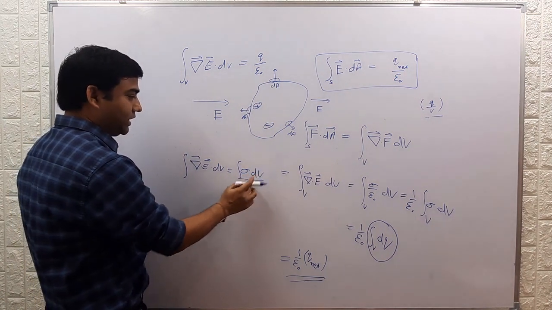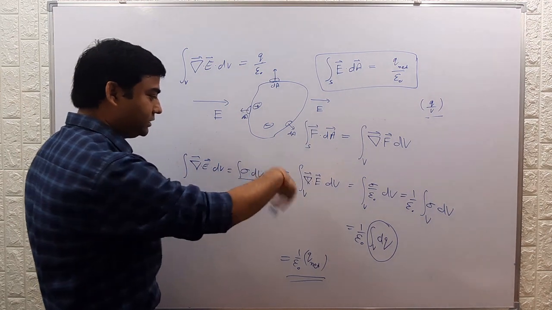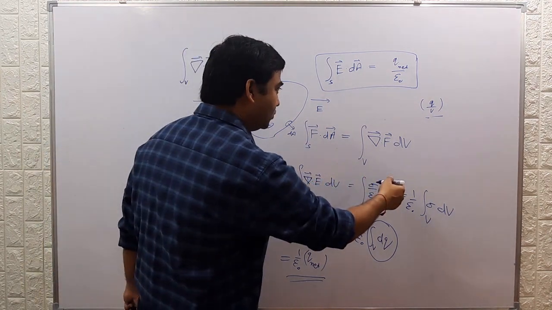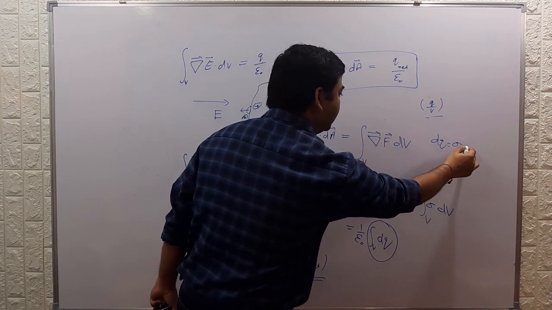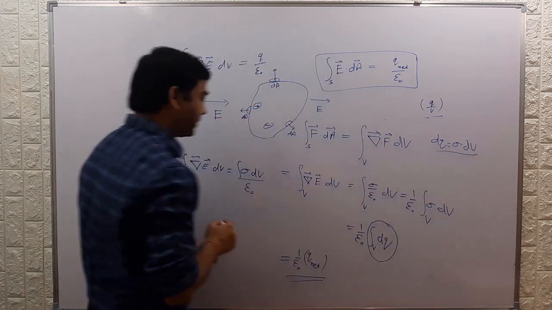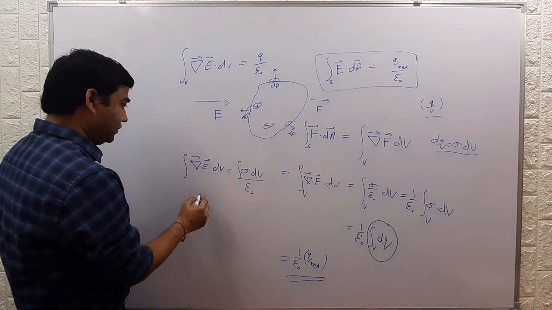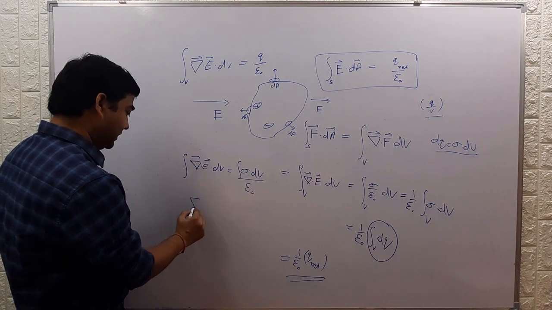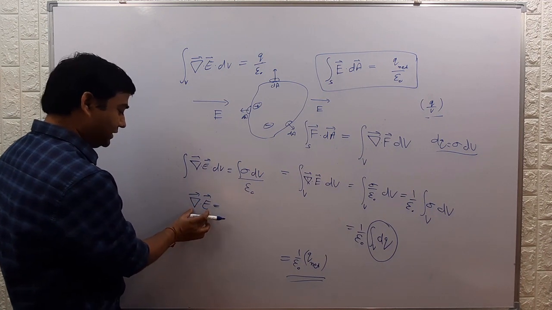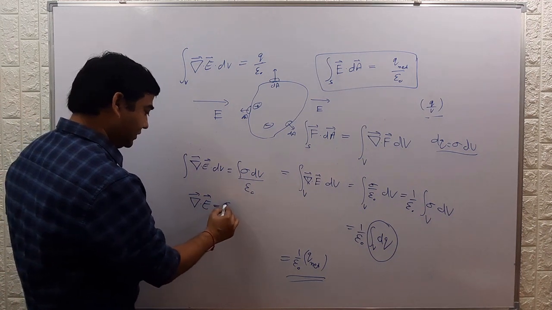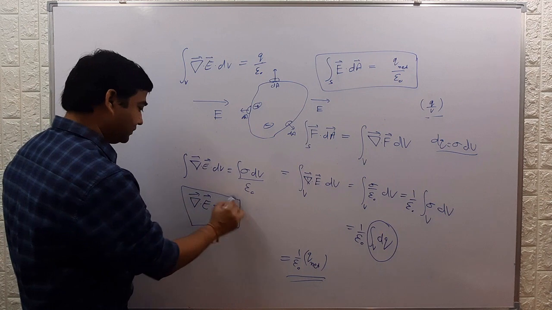This is nothing but Q net. We used this earlier in the derivation as dQ equals sigma dV. By removing the integral sign, we can write the divergence of the electric field at a point as equal to the charge density by epsilon 0.